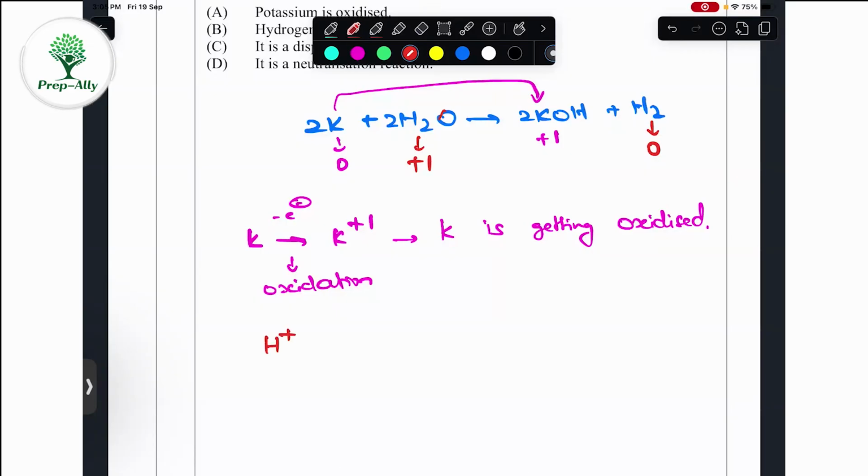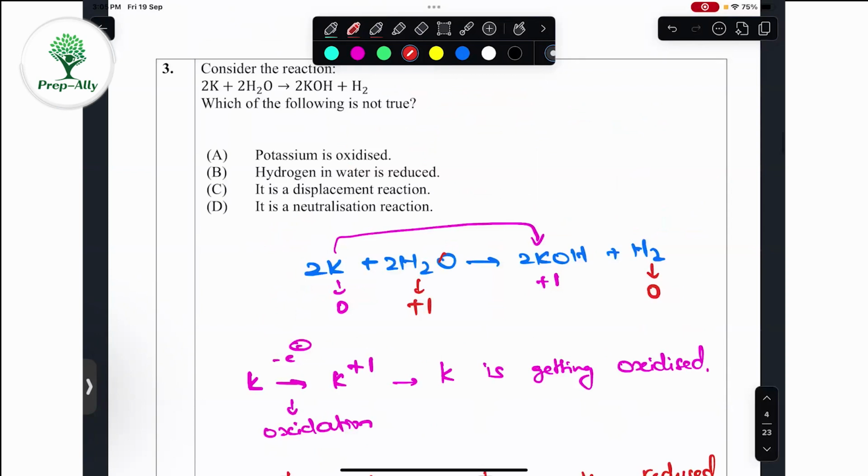So it is going from H plus to H2, turning from +1 to 0 by getting an electron. Then I can call this reduction, right? Or I can say hydrogen is reduced. Then these two options are correct.